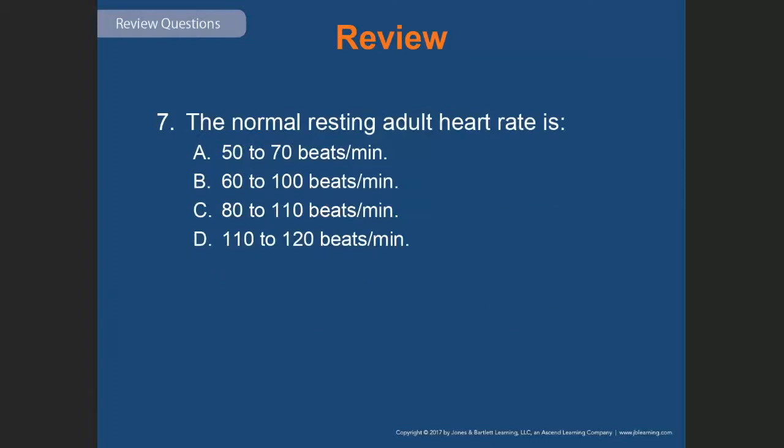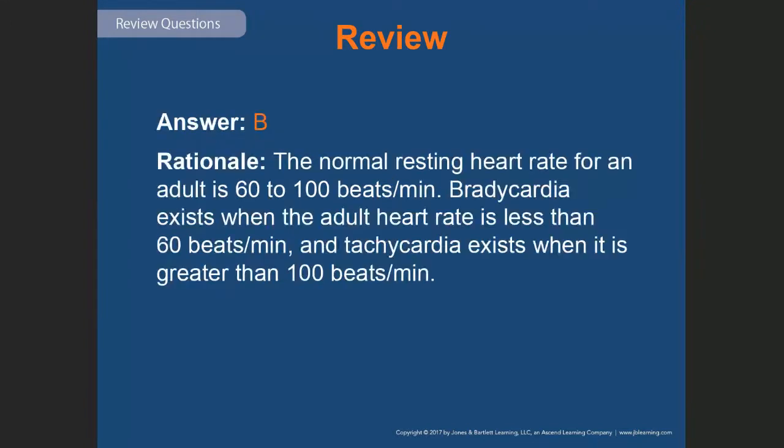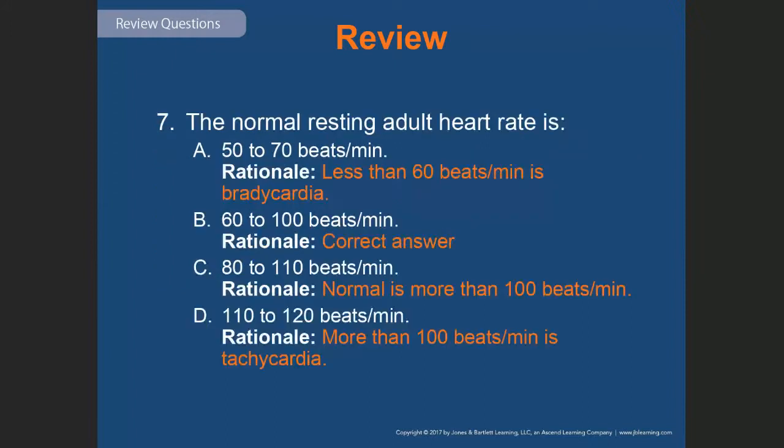Right, number 7, the normal resting adult heart rate is... okay. All right, seeing a lot of B's. B would be correct.